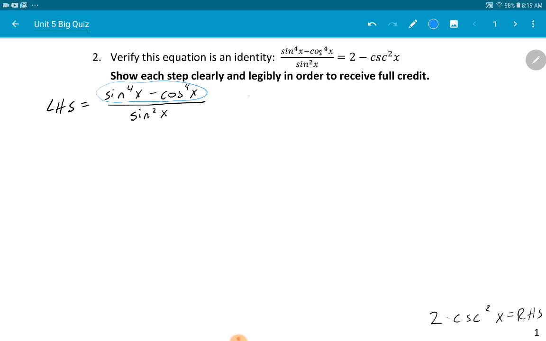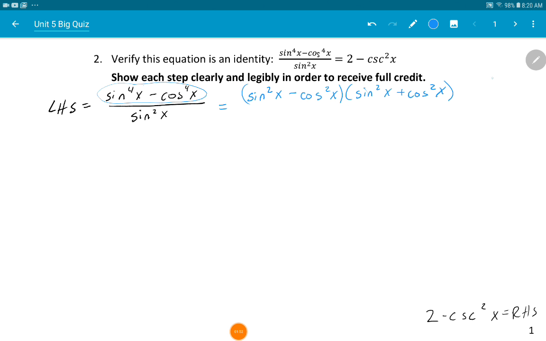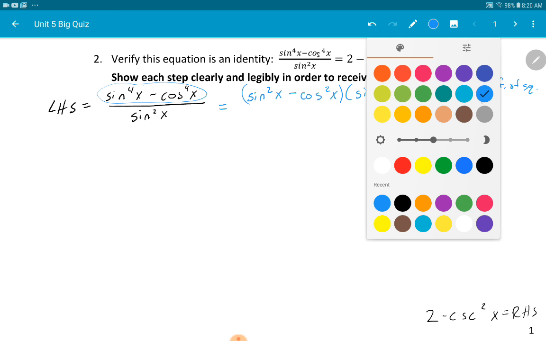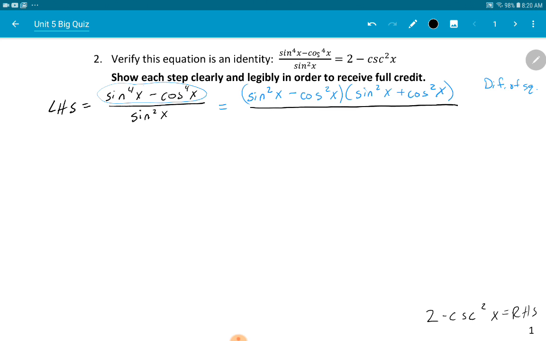Only the squares now being sine squared and cosine squared. And the reason I can write that is I know to factor that difference of squares. I can rewrite it like that. And then I didn't do anything to the denominator yet.